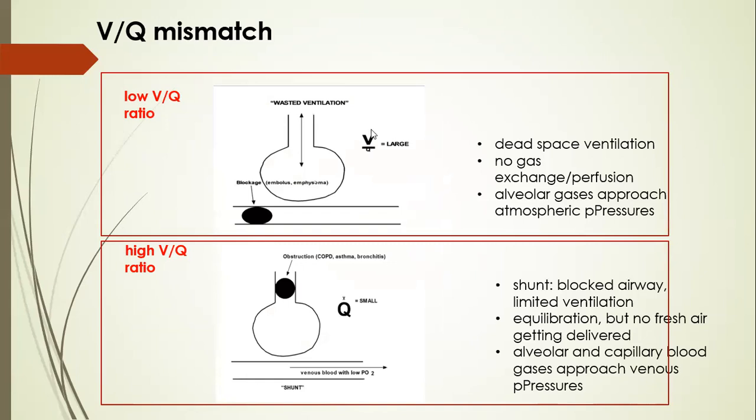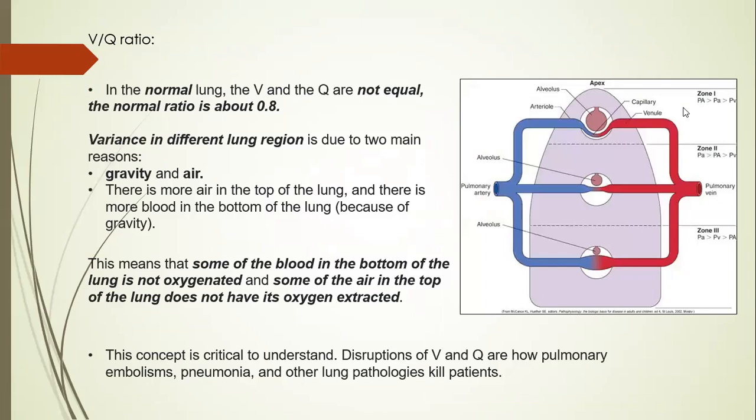So if you alter ventilation or you alter perfusion, you're going to have what we call a VQ mismatch. If you want to look at the VQ in general, you take a summary of all these areas, the zone 1, zone 2, zone 3. Add the VQs because the VQ at the apex is roughly around 1.